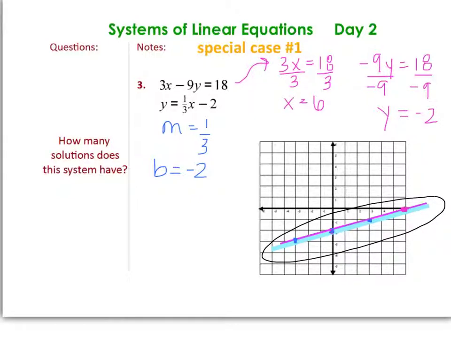This is a special case because if you have two equations that are in fact the same line, you have an infinite number of solutions.